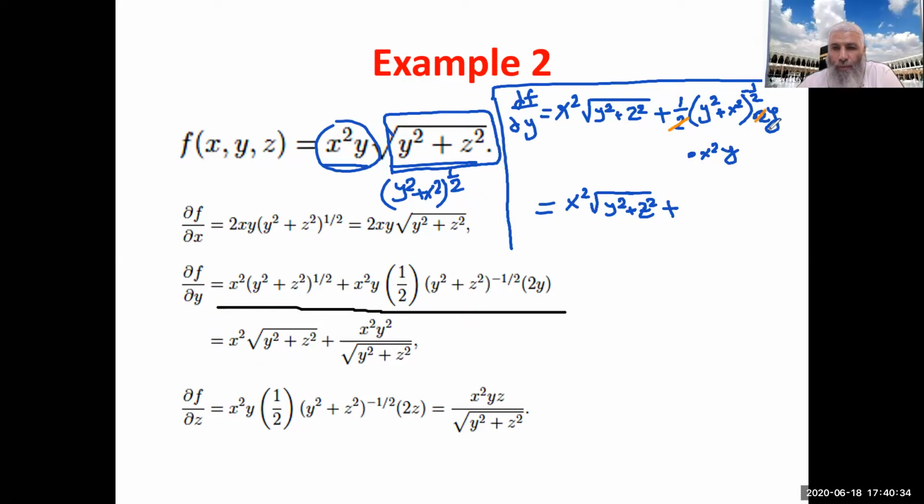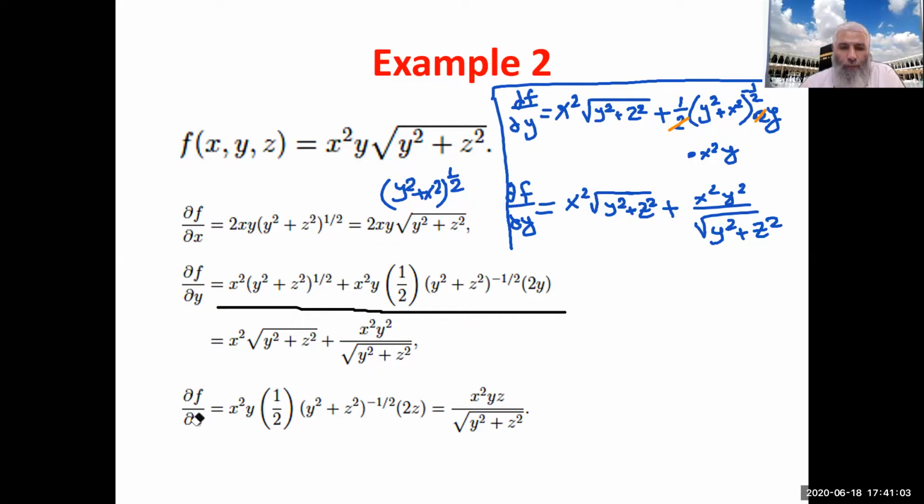And we have here y multiply y is y squared and x squared, so we have x squared y squared, divided by root y squared plus z squared. Yes. So this is the derivative of f with respect to y.